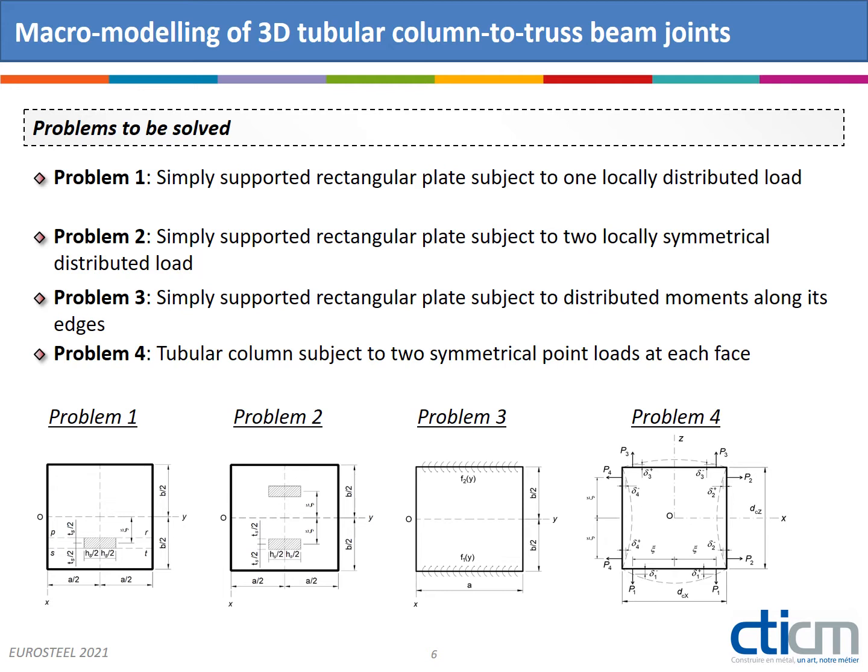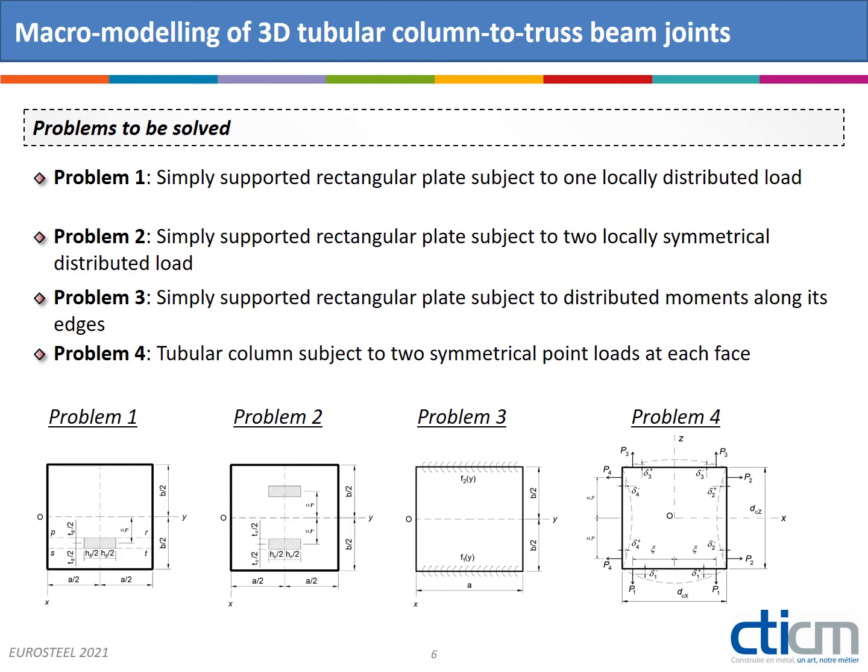In the second problem, a rectangular simply supported plate subject to two locally symmetrical distributed loads that are transmitted from both parts of the socket. In the third problem, we take into account the influence of adjacent column faces by considering a simply supported rectangular plate subject to distributed moments along its edges.